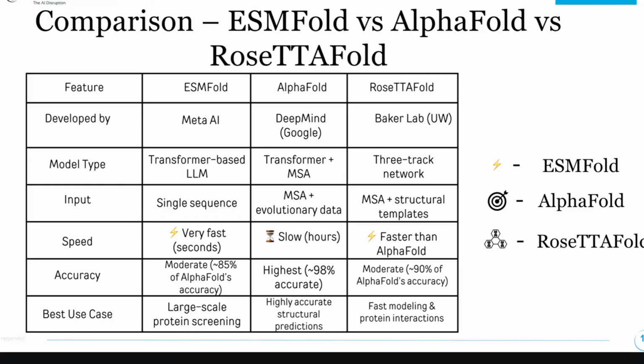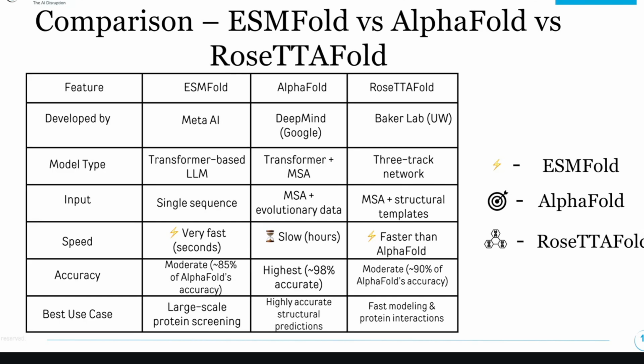This table provides a detailed comparison between ESMFold, AlphaFold, and RosettaFold, which are the three leading protein structure prediction models. Each of them has distinct advantages based on speed, accuracy, input requirements, and best use cases. As I've mentioned before, ESMFold was developed by Meta AI, focusing on fast protein structure predictions.